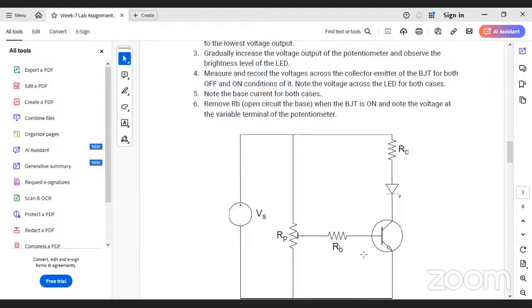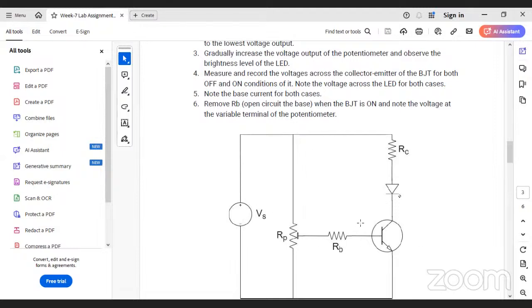Then gradually change the potentiometer value, and accordingly the voltage output of the potentiometer will also increase, and observe the change in the brightness of the LED. First of all, the LED will be off. In that condition, measure and record the voltage across the LED, and also the base current IB.